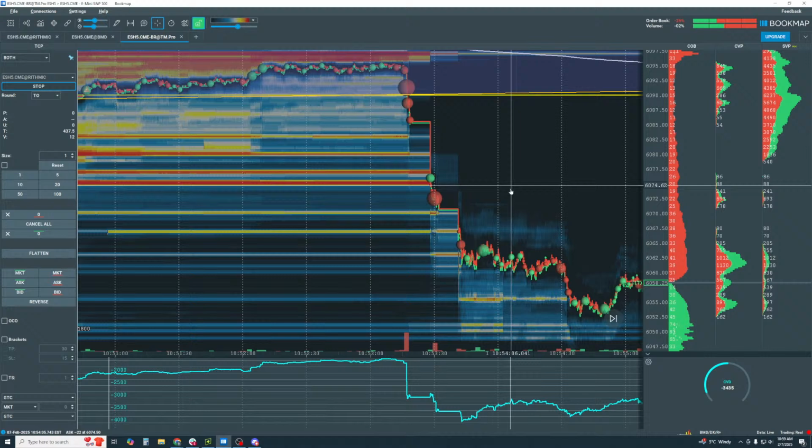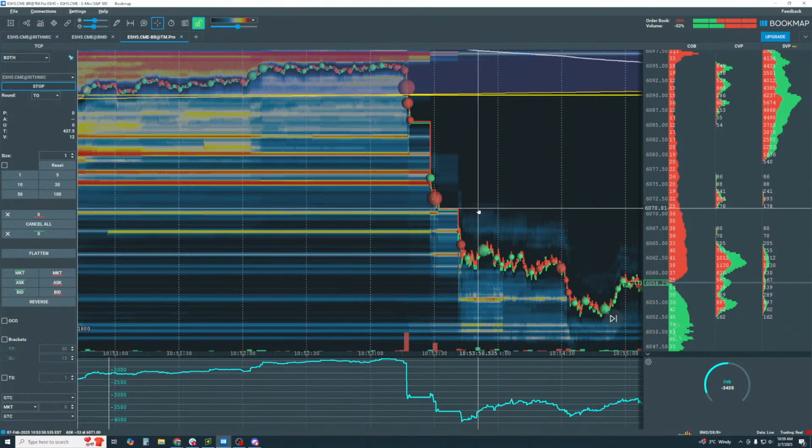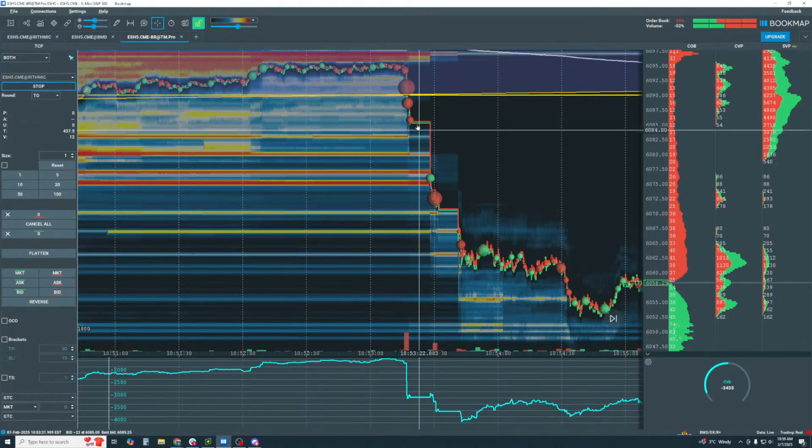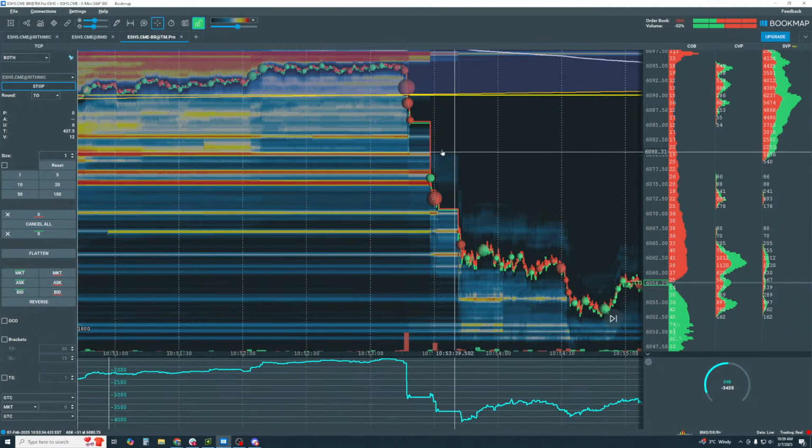And if this is just jawboning from a Fed speaker or a politician or something like that, then this is just a big reaction, and likely we're looking for these areas to fill back in, or at least be tested. This is no different than a gap from the previous day's session, for example. It's the same exact concept.